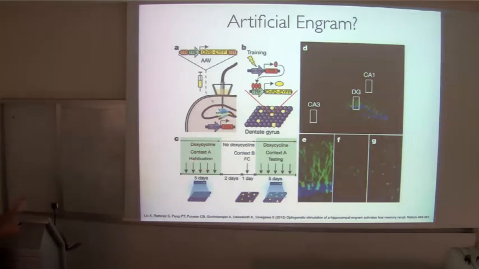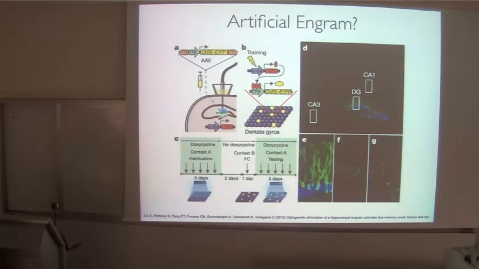We call it box A. Then you take the drug off, you put the animal in box B, a different box, and you give it an electric shock. Then you put the drug on again, and you put it in box A, the box that it knows not to be afraid of, but with light.